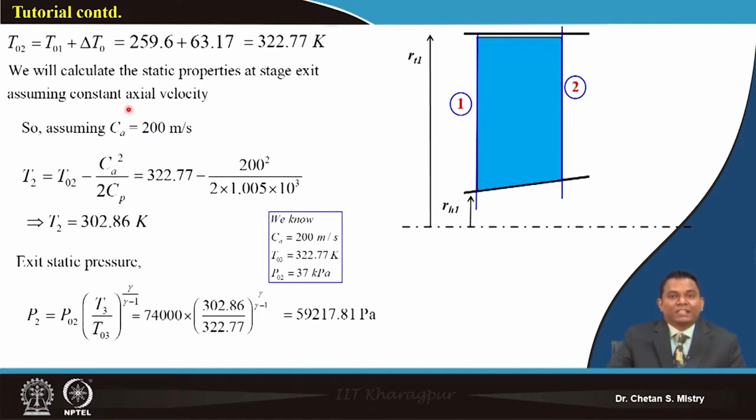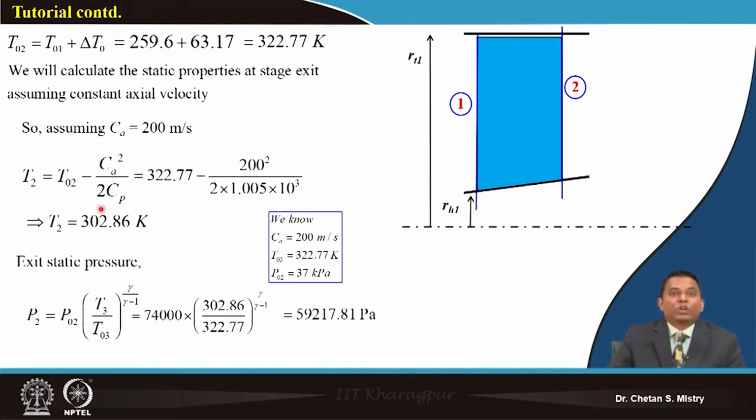Now we have considered, or it is known, the axial velocity, that's say 200 meter per second. So we will take that as the same. We are assuming the exit to be axial, for the sake of simplicity. So for that we calculate our exit static temperature, and that's coming 302.86 Kelvin.